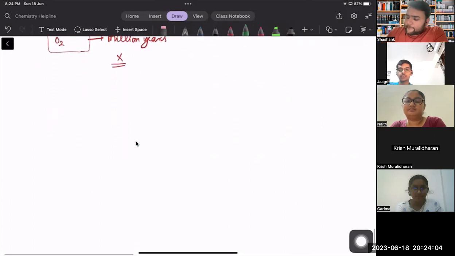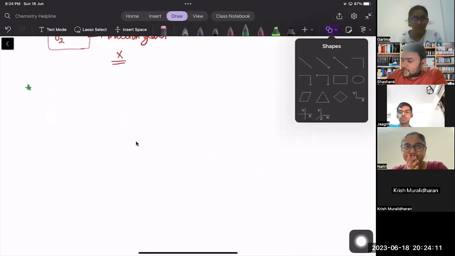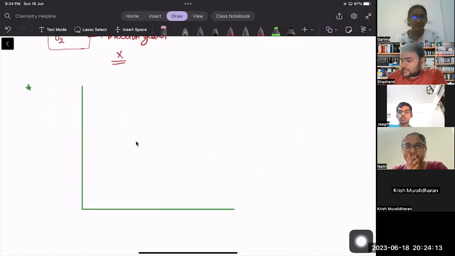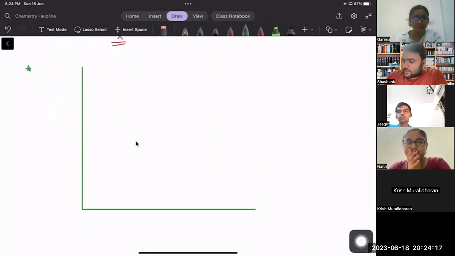So let's look at the energy diagram of this, to see what this catalyst is actually doing. So let's say this is your energy coordinate, the y-axis, and this is your reaction coordinate, which is your x-axis.